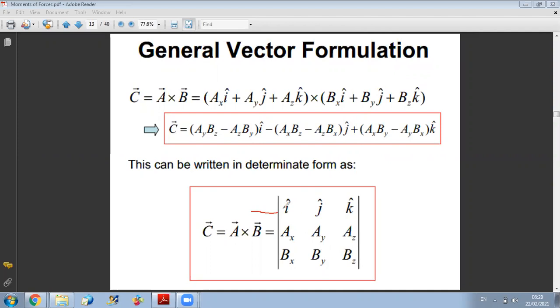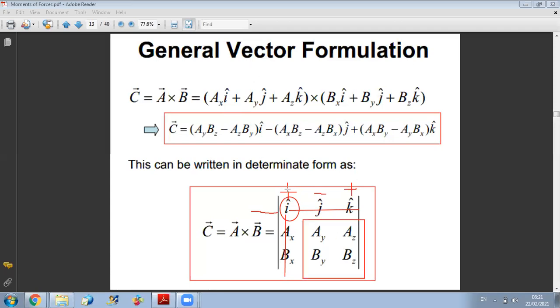And then I put a positive sign above i, a negative sign above j, and a positive sign above k. Now I first start to find the component along i. What I do is I drop the first line and I drop the first column. What are the remaining numbers? These four.